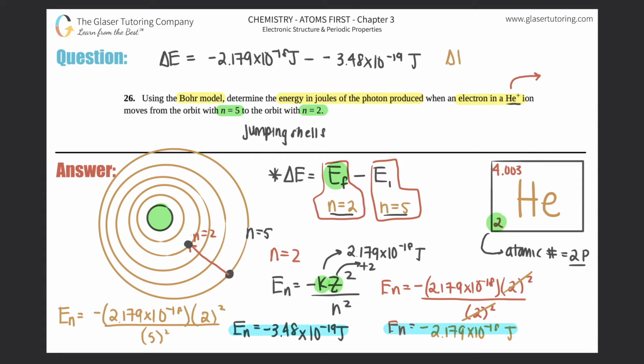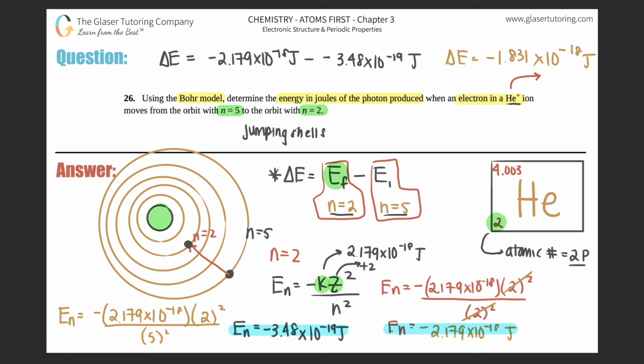And delta E equals negative 2.179 times 10 to the negative 18th minus a negative 3.48 times 10 to the negative 19th. You get a negative 1.831 times 10 to the negative 18th, and that's in joules.